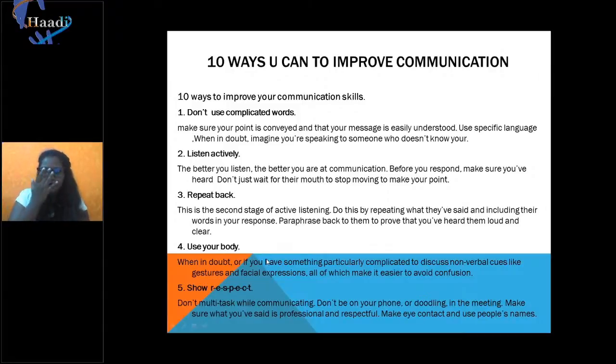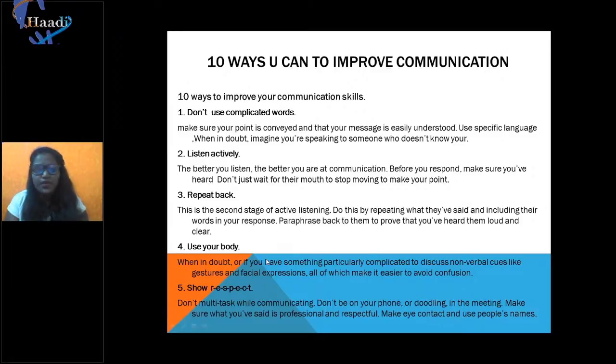The fourth point is your body language. When you cannot understand exactly what the other person is telling you, just show your facial expressions so they will understand, or tell them that you need a pause.